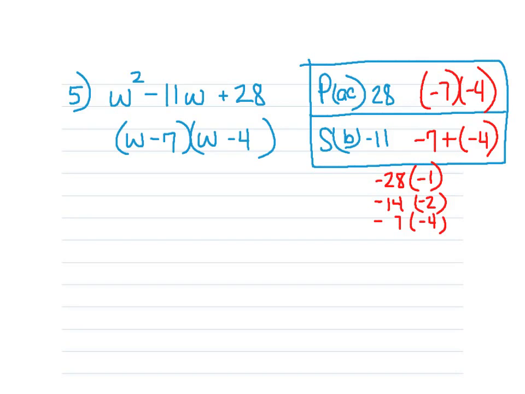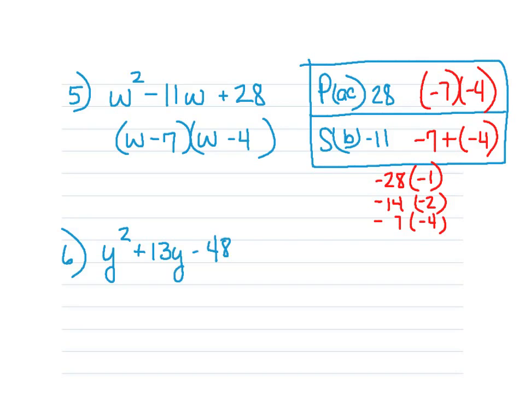Okay, number 6 we'll do together. Let's try this one. I've got y squared plus 13y minus 48.